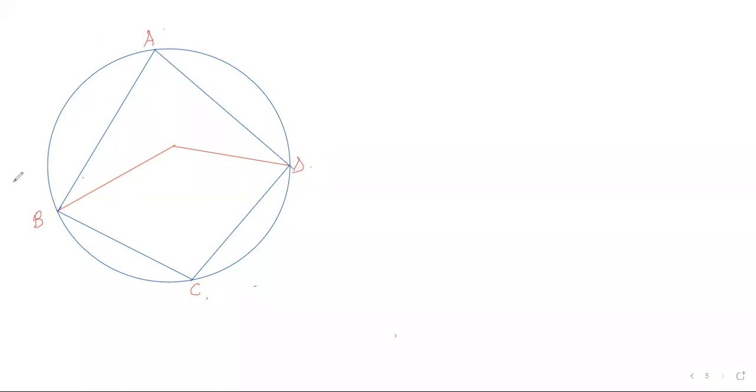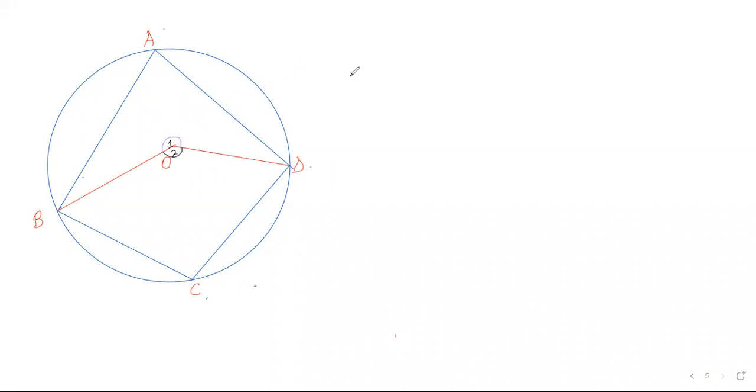The vertices are lying on the circumference of the circle, and that will be circle center O. And we can name this O1 and name that O2.